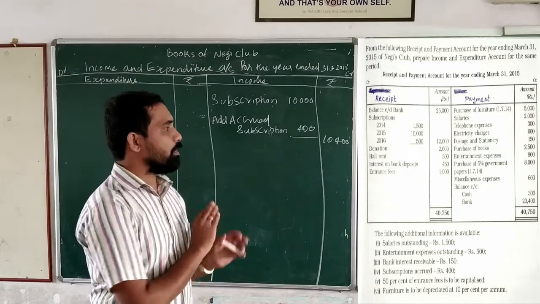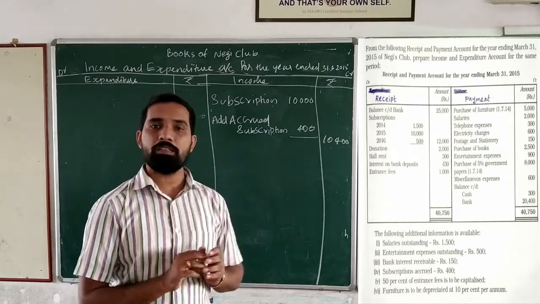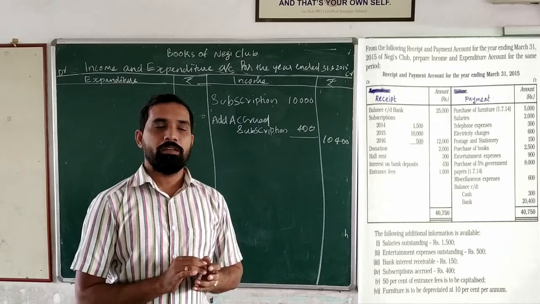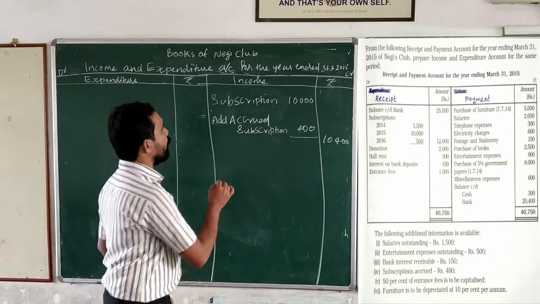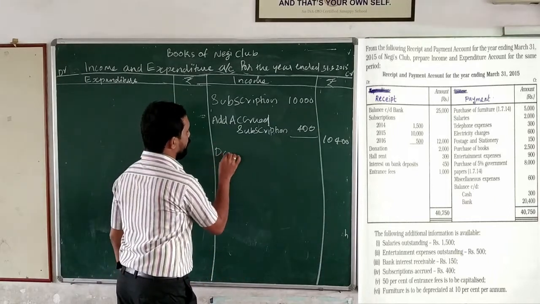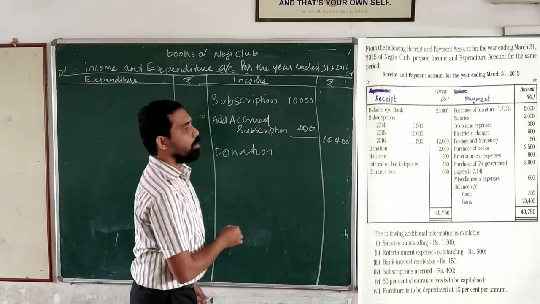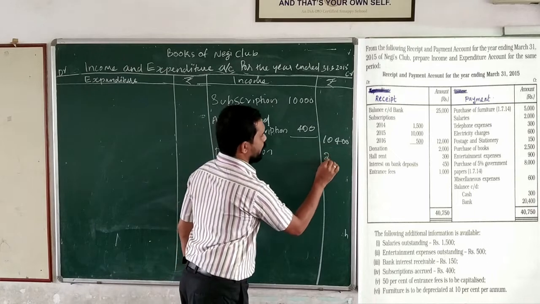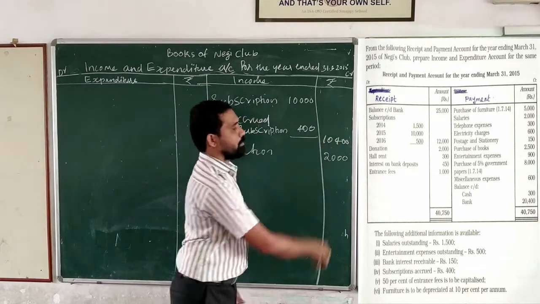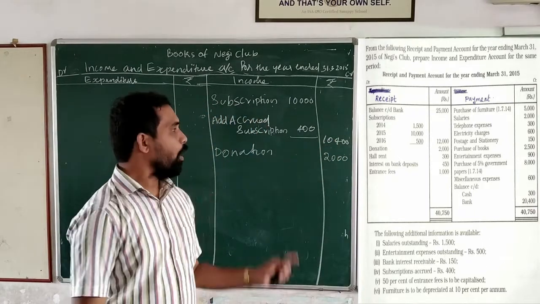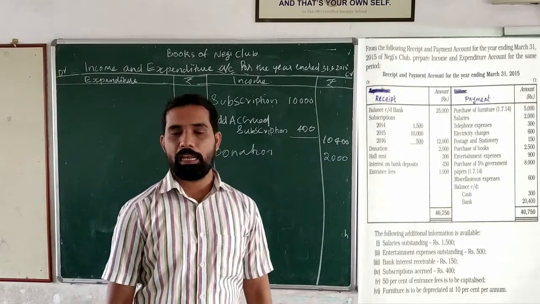Here donation is given, rupees 2,000. So we can take donation on the income side. Donation, rupees 2,000. No adjustment. Next item, hall rent, rupees 300.